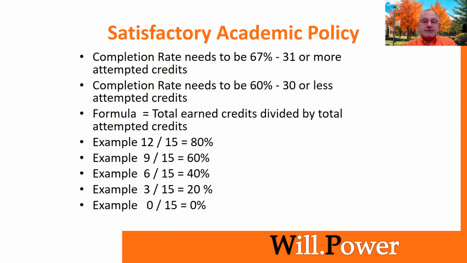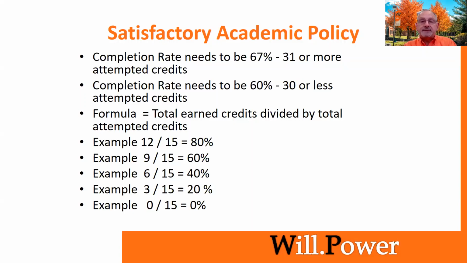So here's the chart. A completion rate needs to be 67% if you have 31 or more attempted credits, or 60% if you have 30 or fewer attempted credits. And here's the formula: basically, it's the earned credits divided by the attempted credits.